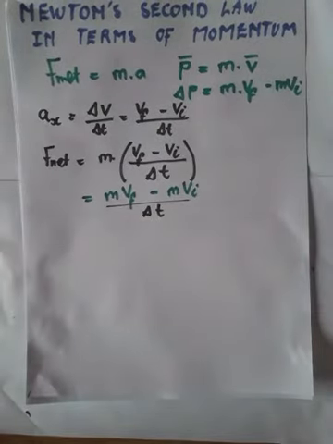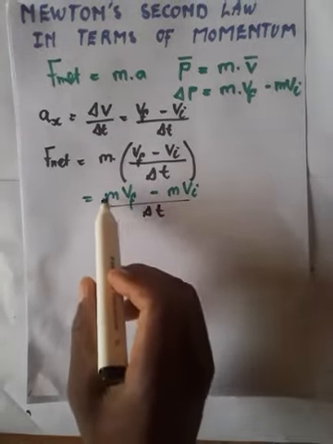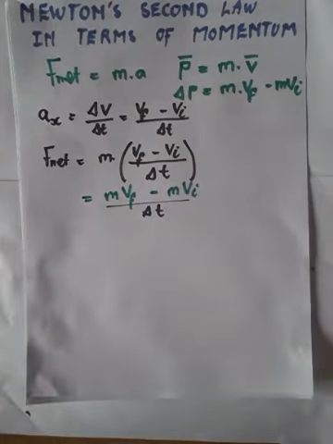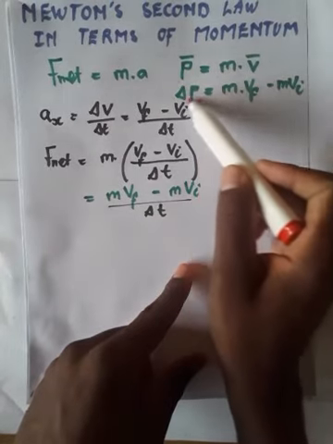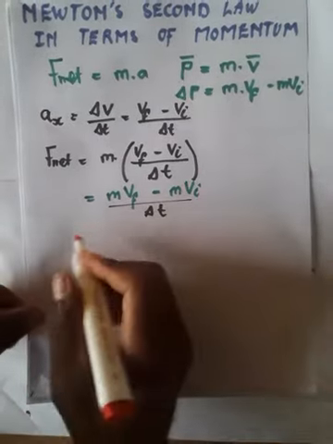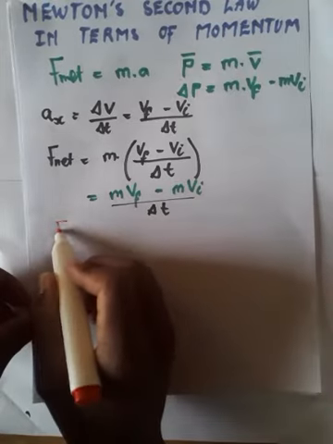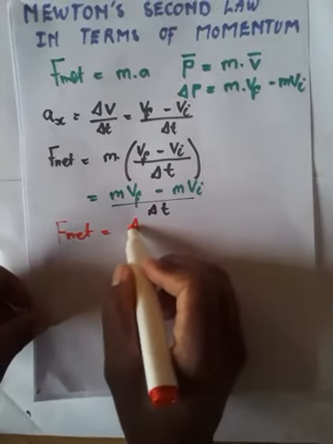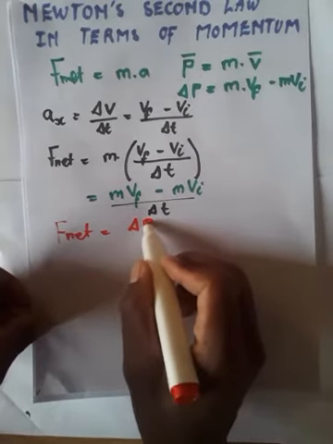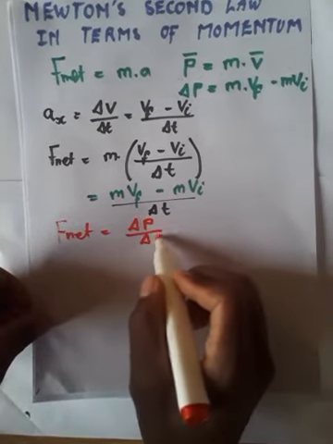You can spot something here: the mass multiplied by velocity final minus mass multiplied by velocity initial is the same as the change in momentum. So we can conclude that F net is equal to the change in momentum over time.